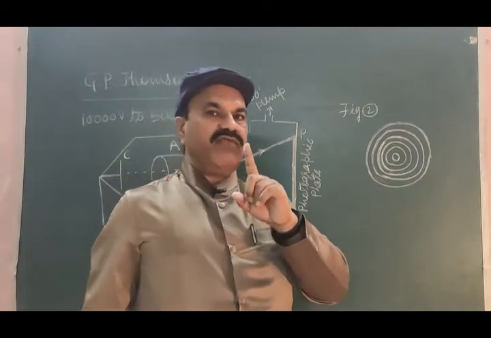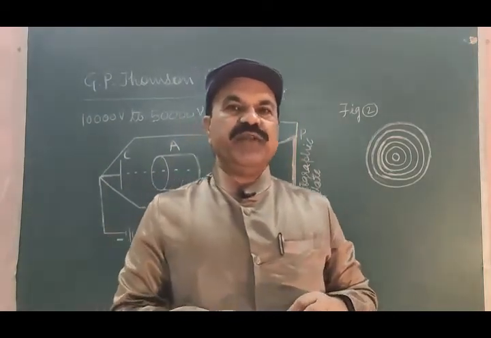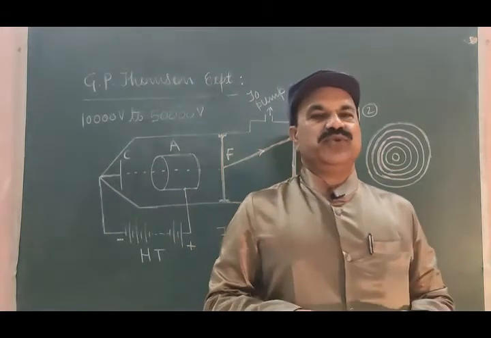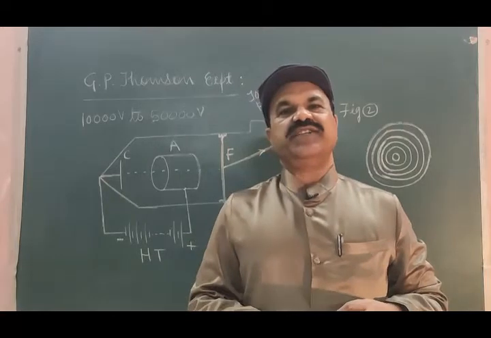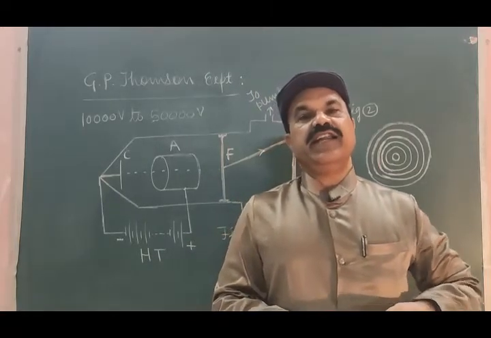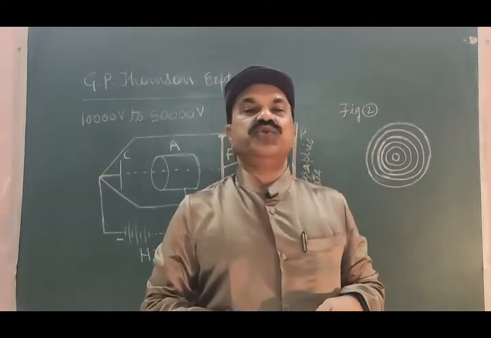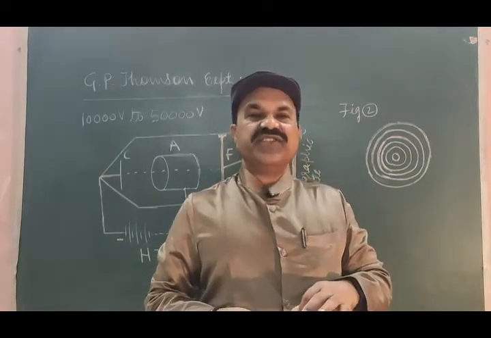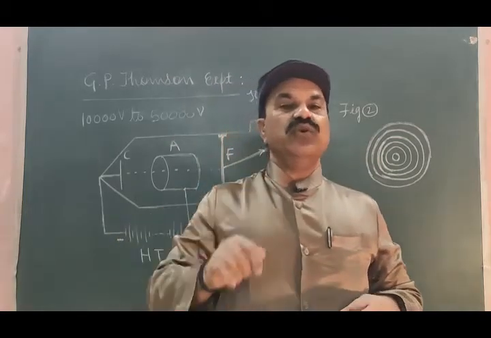When we provide 1 volt to an electron, its energy will be increased by 1 electron volt. When we apply 10 volt, its energy will be increased by 10 electron volt. When we apply 10,000 volt, its energy will be increased by 10,000 electron volt.